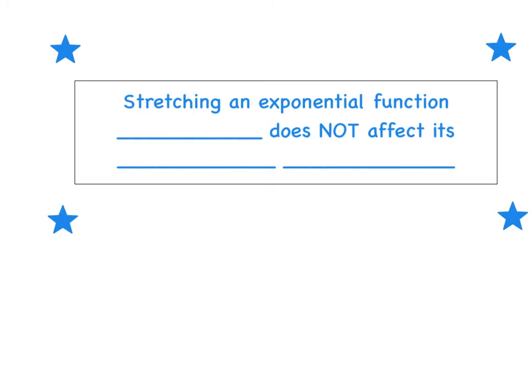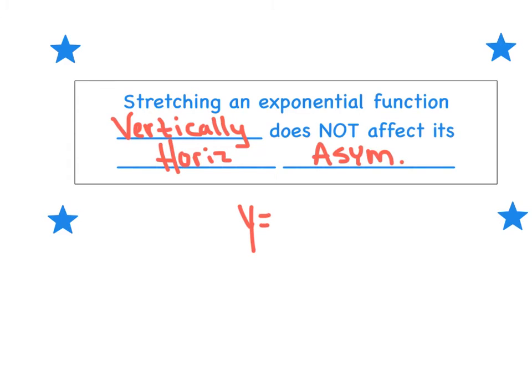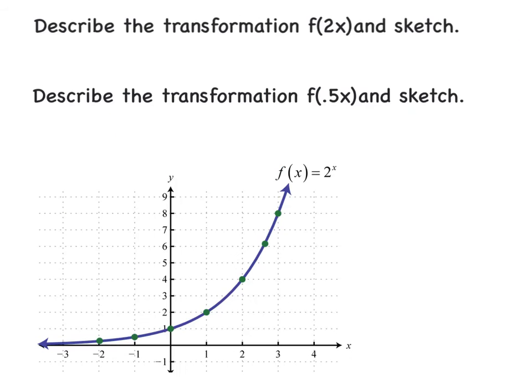So we're going to say here that stretching an exponential function vertically does not affect its horizontal asymptote, and that is simply because when we stretch something vertically, we are multiplying all the y-coordinates, and if you start with y equals 0 and you multiply that by any number on God's green earth, you still get 0.